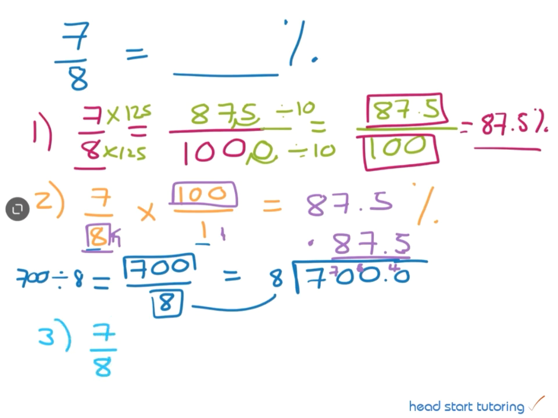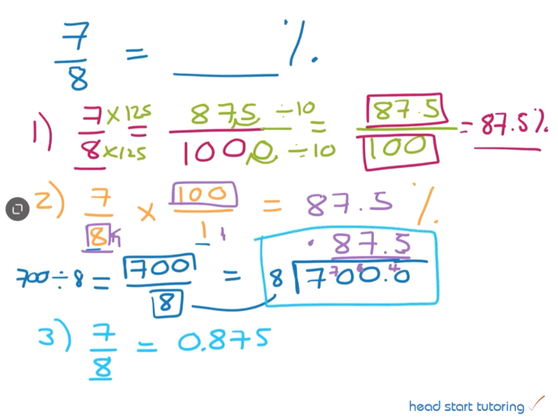7/8 now converted into a decimal, and then we multiply our decimal by 100 to get our percentage. This is the method that I find the easiest when we are working with a denominator that doesn't fit perfectly into 100. So 7/8 as a decimal is 0.875, and we can work that out in a similar way to what we have done here.